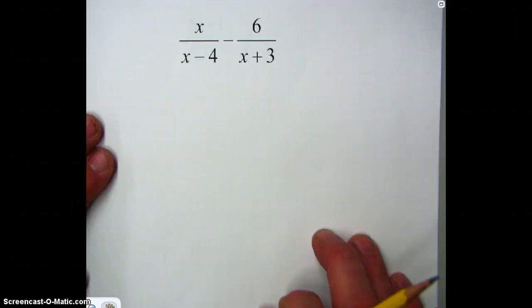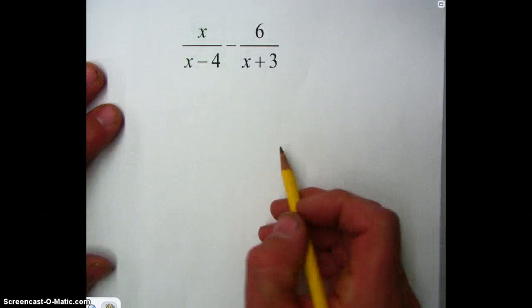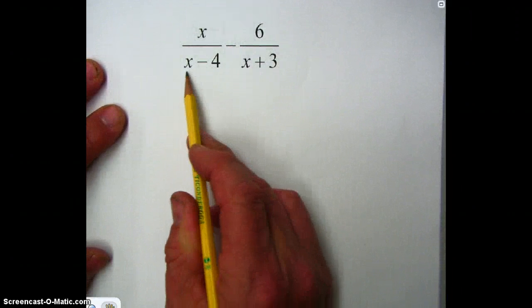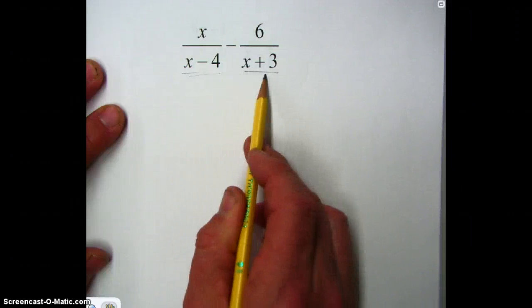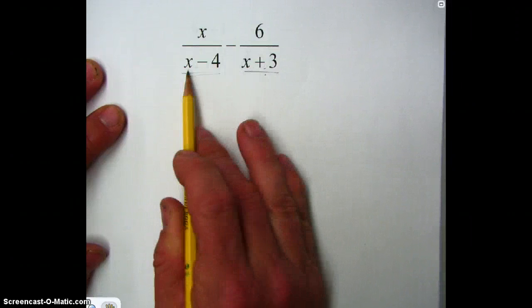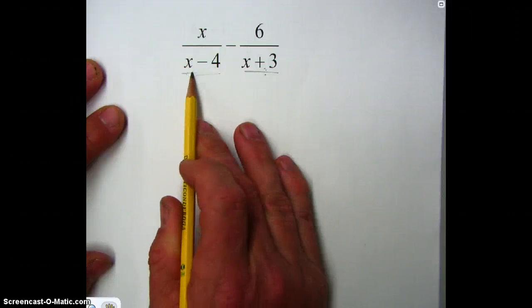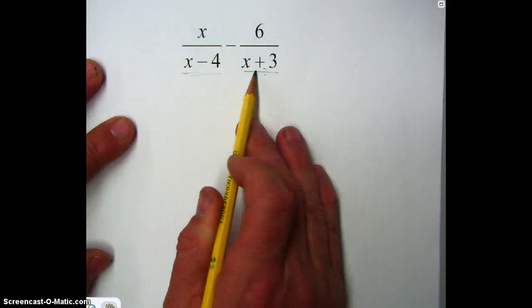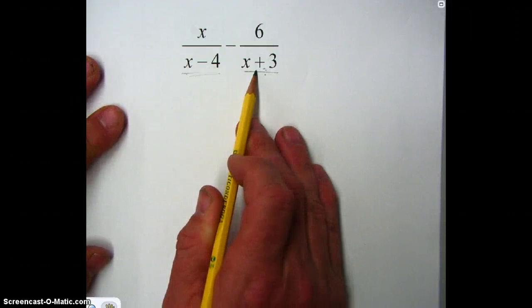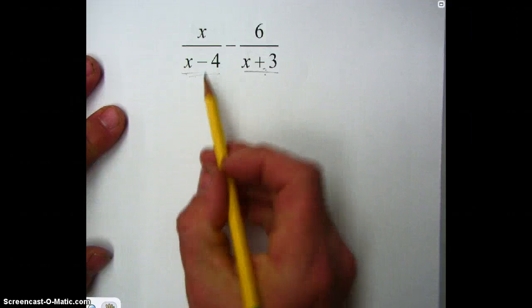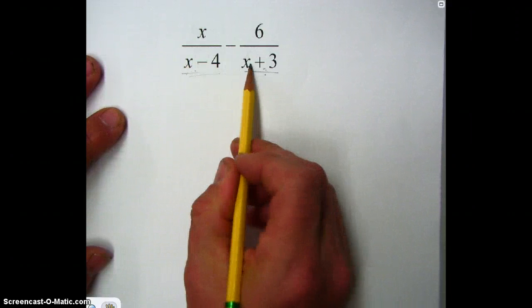Let's look at another example. What's nice about this one is, look at the denominators. They're not the same. They're polynomials because there's more than one term, but they are already completely factored, so we don't have to worry about doing any factoring. But I have to get the denominators to be the same.